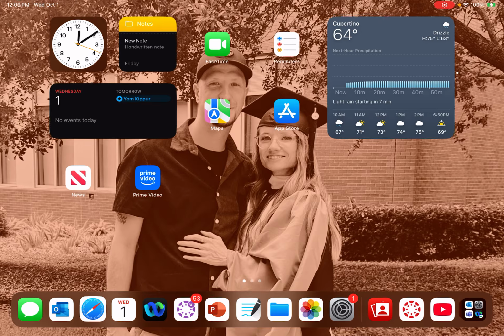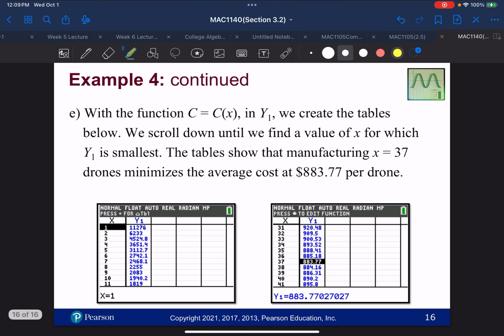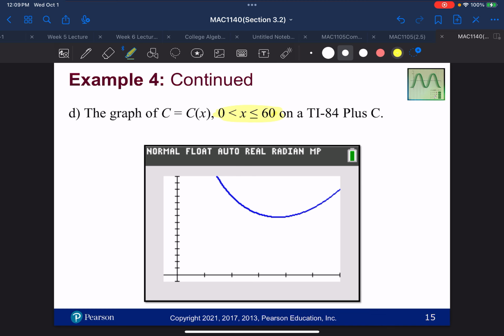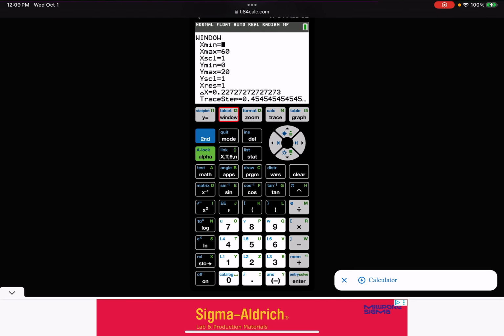Okay, let me go back to their graph here. The y values are very, very large. So in order to be able to see this, we would really have to set our window for y to a really large number. Let's try 1500 and put our scale to 50. Okay, now it's showing us, just to show you that it matches.